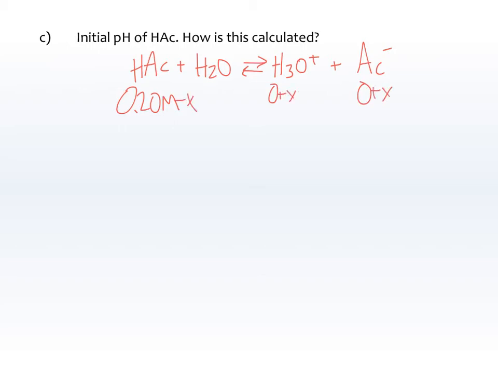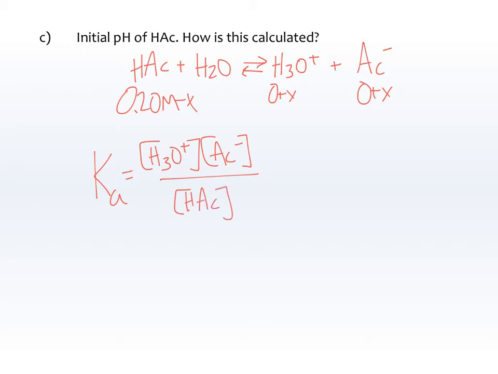Hopefully this K equation is looking familiar to you. Ka is equal to H3O plus times Ac minus over HAc. And so that is 1.8 times 10 to the negative 5 is equal to x squared over 0.20. So multiply both sides by 0.2, then take the square root.